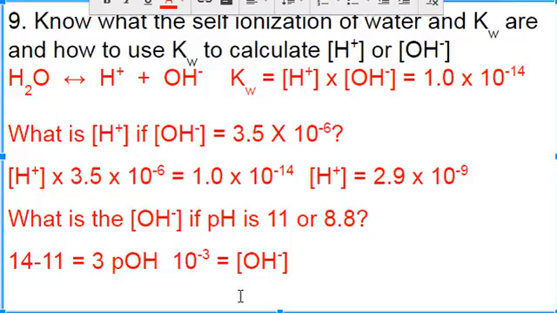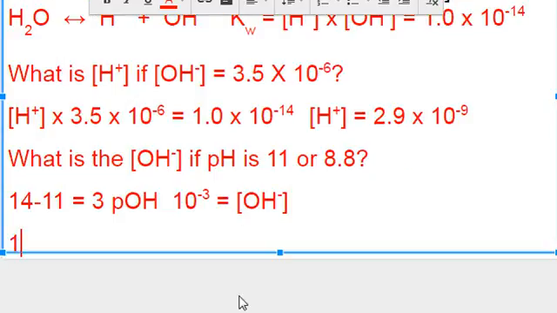8.8 again is a little bit trickier, but I can take 14 minus 8.8, and that's going to give me 5.2 for my pOH. So then I can take 10 and raise it to the minus 5.2 power. And I can't just leave this as 5.2 because that's not a readily recognizable number like 0.001 is for 10 to the minus third.